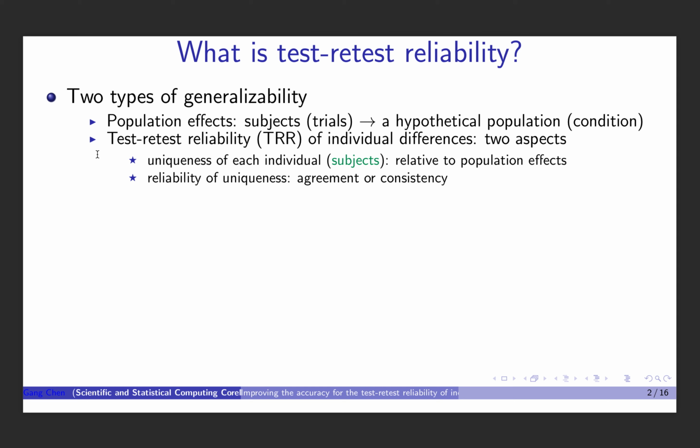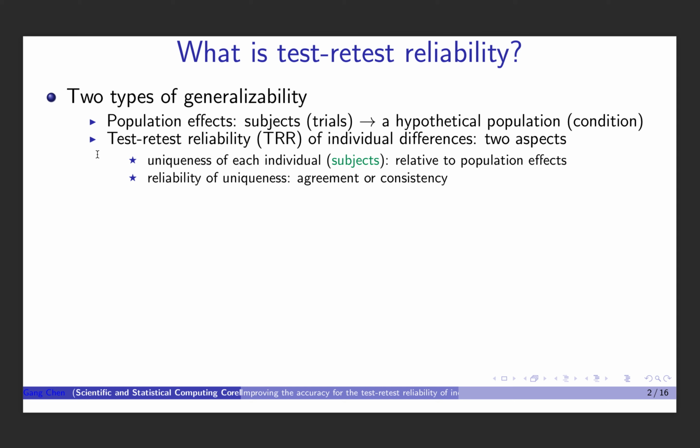But for test-retest reliability, the focus is different. We're interested in individual differences. By individuals, we mean subjects. Each subject is unique, in the sense that when we compare each subject's brain response or some behavior to the population average, each subject's effect is different. Some subjects are stronger, some are weaker relative to the population average.